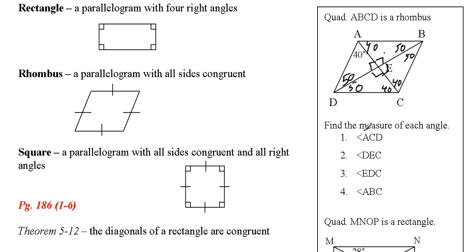Now any angle it asks for: ACD is 40. DEC is 90. EDC is 50. And ABC, which is this whole angle, is 100. That's that.